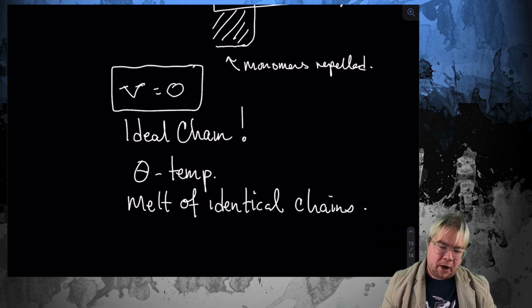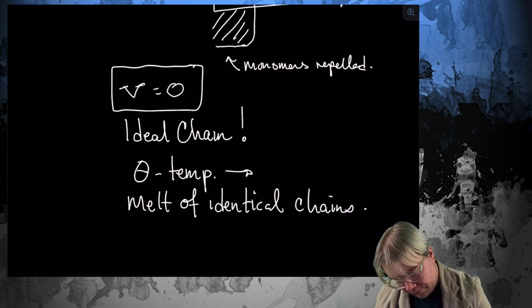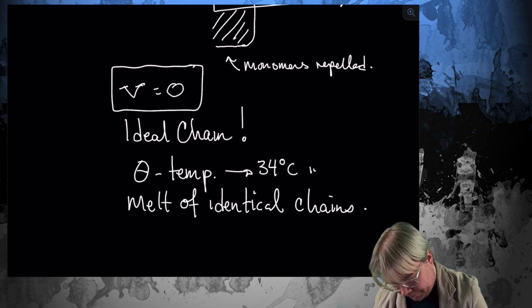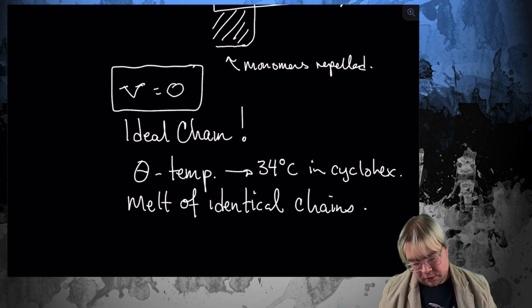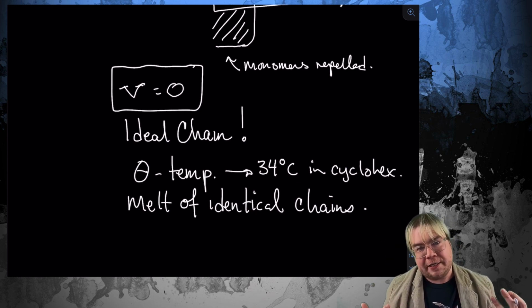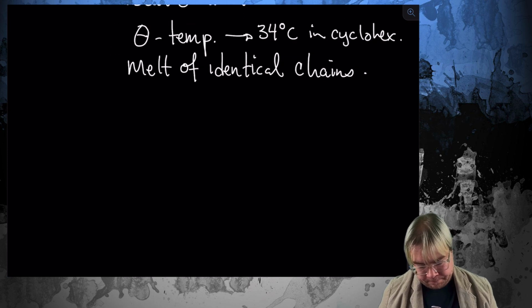So if you had a block of polymer that was 100% polystyrene and nothing else, then the ideal chain models would apply. So that's cool. Or in a theta temperature. So for polystyrene, this is something like 34 degrees C in cyclohexane. So this does exist. So ideal chain models are important, and sometimes they work really well.